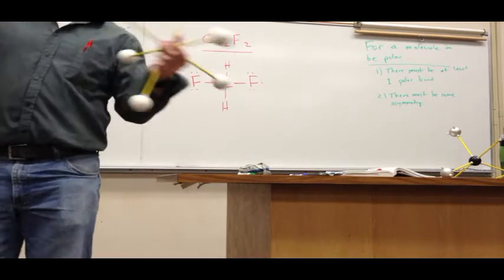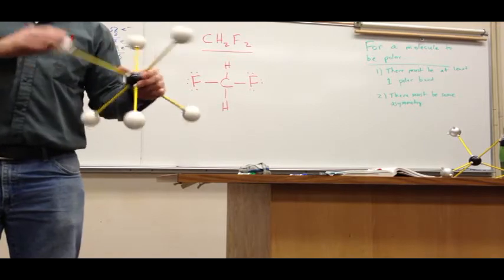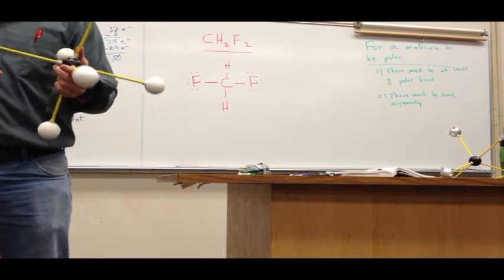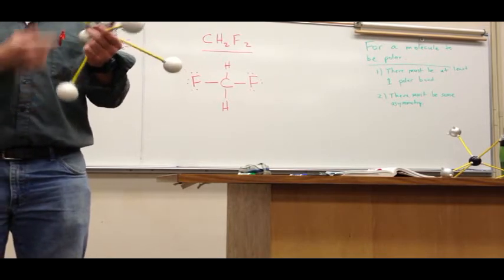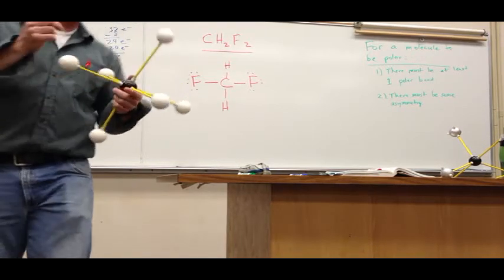If I replace one, what do you think? As long as there's at least one polar bond, then it'll be polar, right? And then from there it depends, just like it did with the trigonal bipyramidal geometry. If I put the second atom opposite, then it'll be nonpolar. If I put it here, it'll be polar.